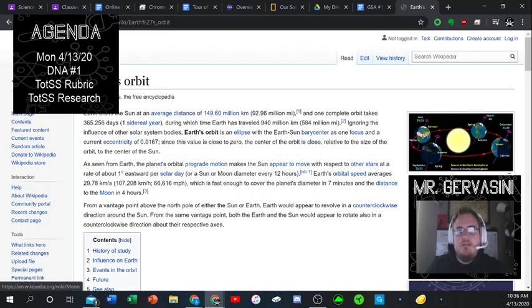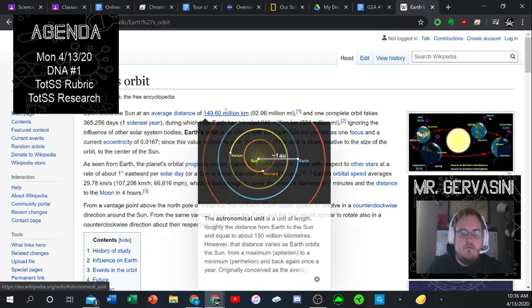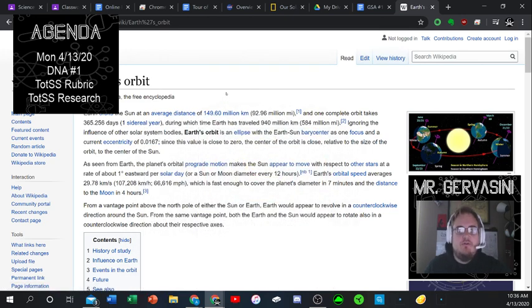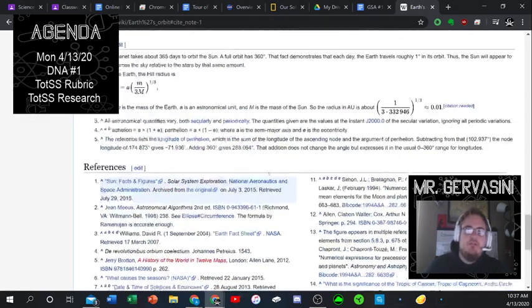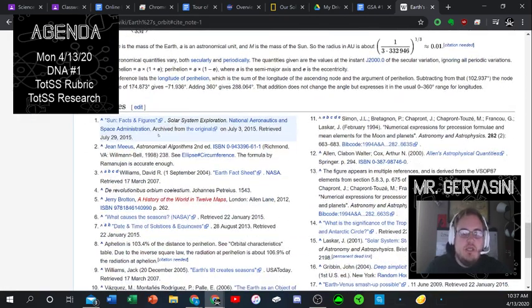Wikipedia itself, you can't really use it either, but it does have notes you can use. So Earth orbits the Sun at an average distance of 150 million kilometers. Well, where does Wikipedia get the information from? You see this little note right there, a little number 1. You click number 1, and it brings you to the bottom where all its references are. This is where Wikipedia gets its information from.